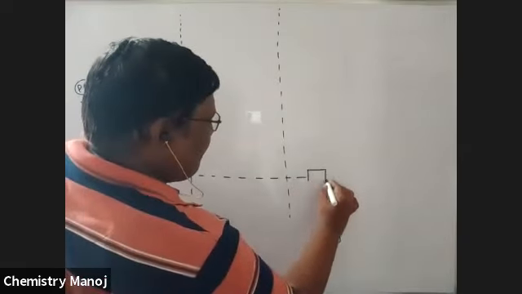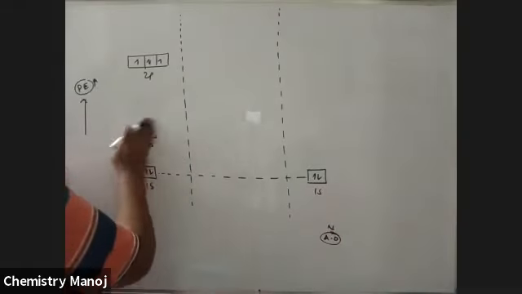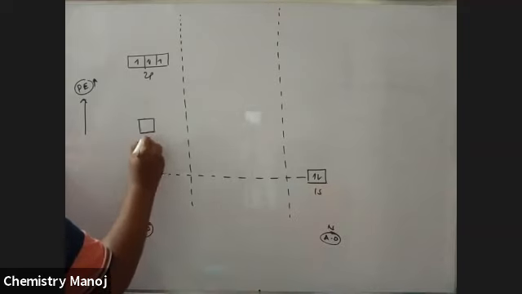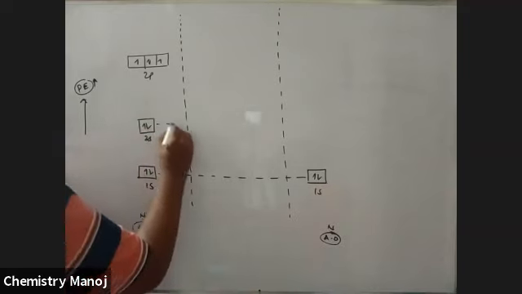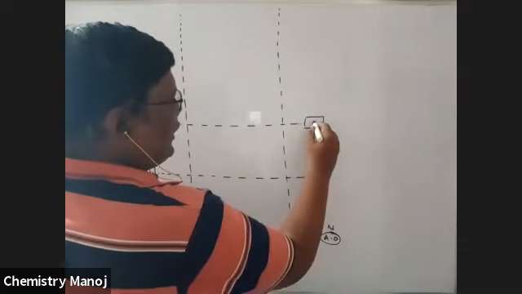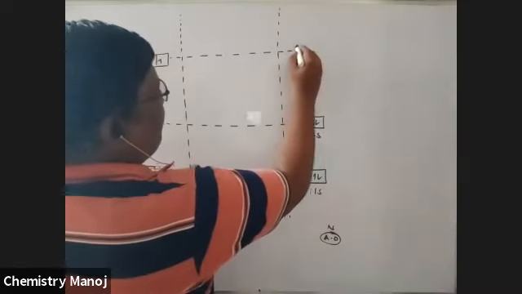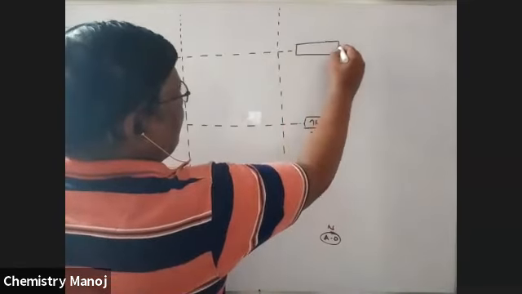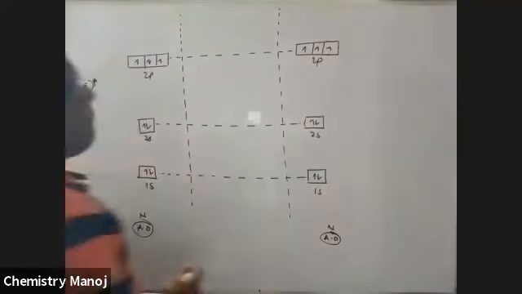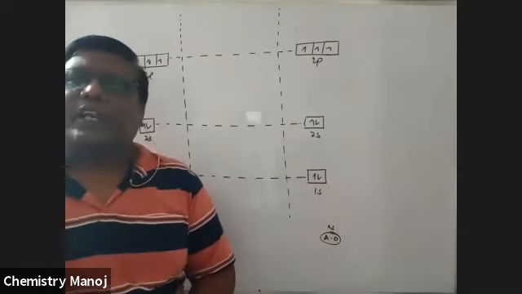The 1s2 energies are the same, the 2s2 energies are the same, and the 2p3 energies are the same. These are the atomic orbitals.